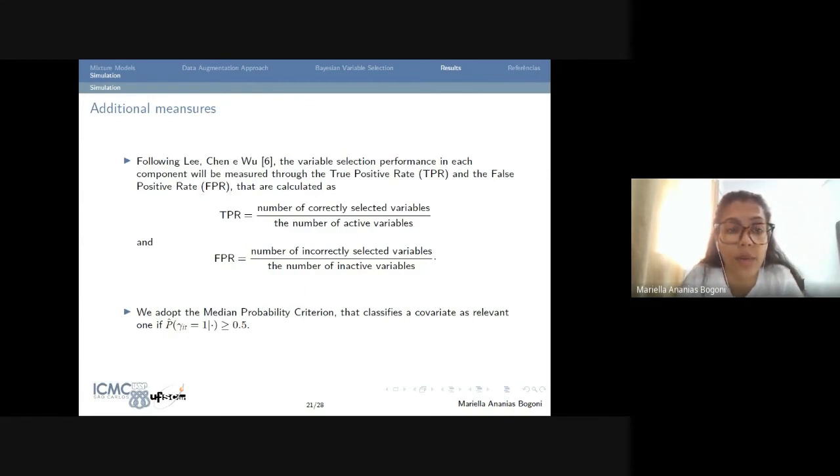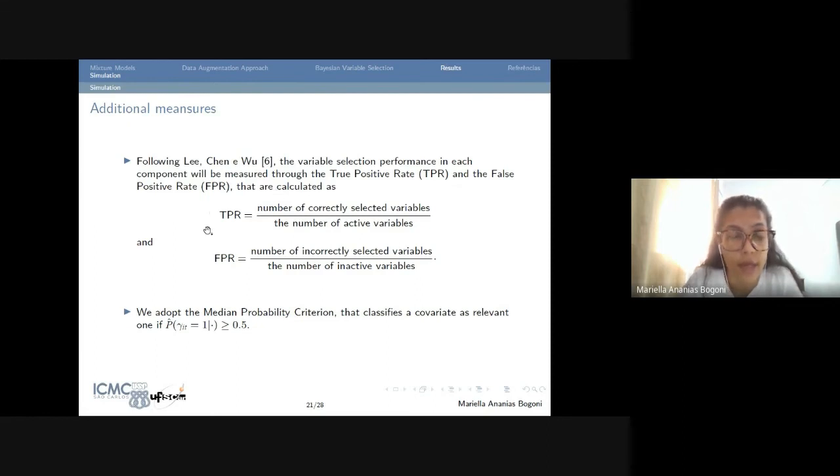So here we have some additional measures for the variable selection performance. In this work, we consider the true positive rate and the false positive rate. Basically, the true positive rate is the percentage of correctly selected variables, and the FPR is the percentage of incorrectly selected variables.